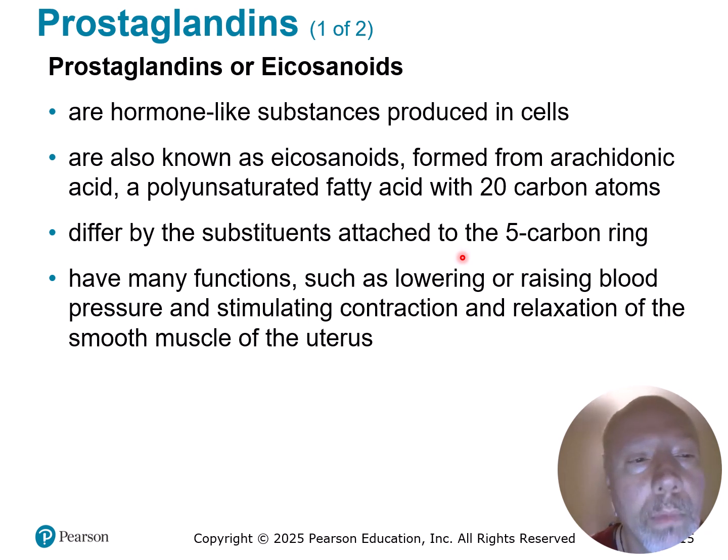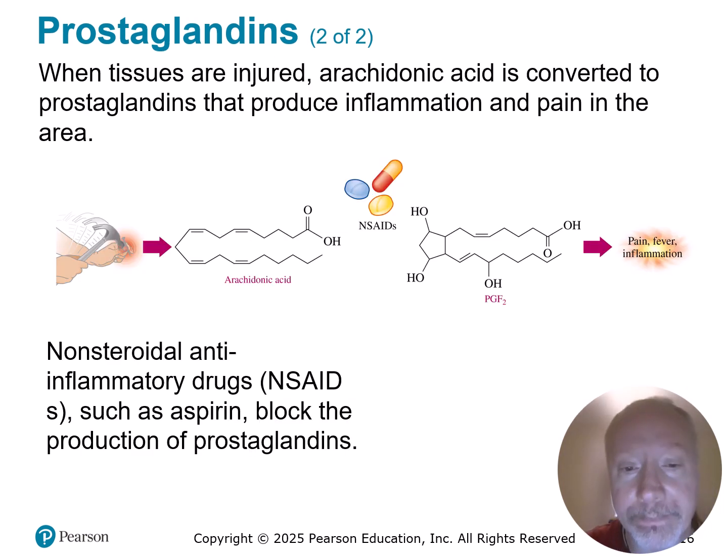So what do prostaglandins or eicosanoids, what are they capable of doing? They can lower or raise the blood pressure. They can stimulate contraction and relaxation, especially when it comes to pregnancy and the uterus. It's also responsible for pain, inflammation and pain.